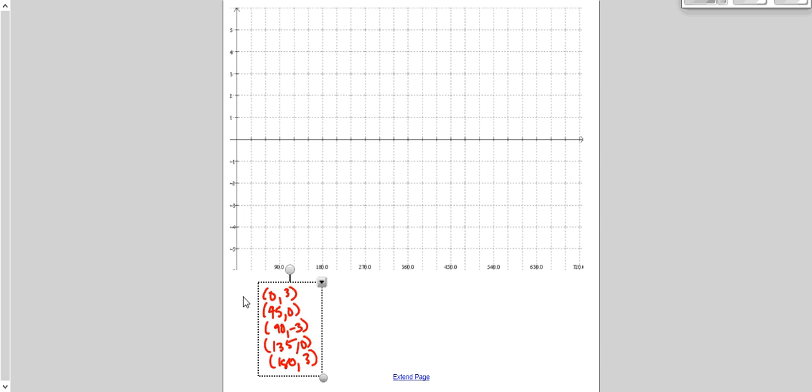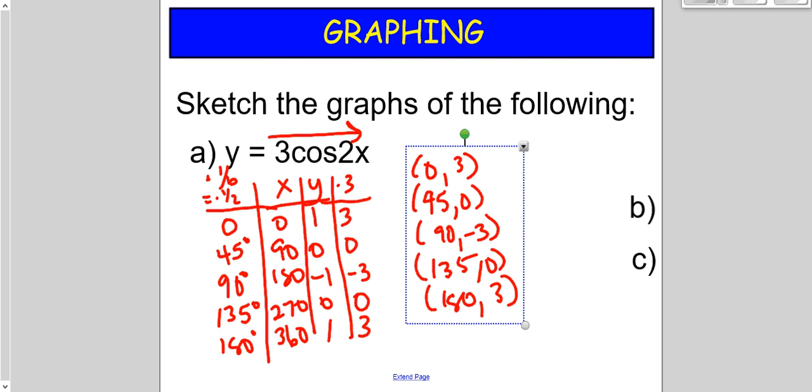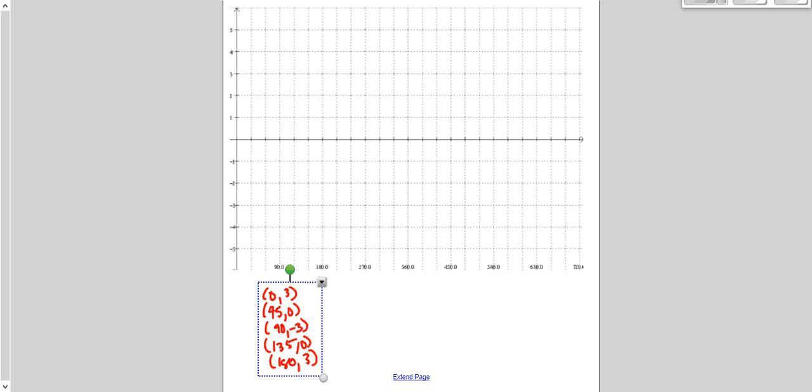Okay, so I have taken my points that were here and copied them over onto a grid. So this will be A. And now let's plot these points. At 0, 3, I'm here. And then 45, so these go up by 30. So 45 is going to land right here. I'm at 0. And then 90, I'm at -3, which is down there.